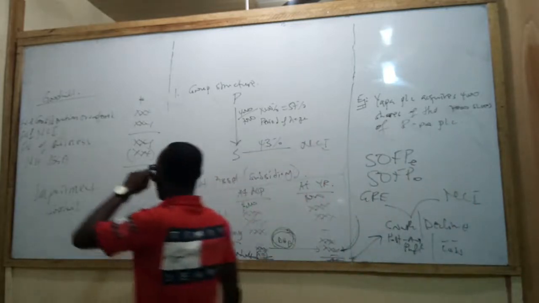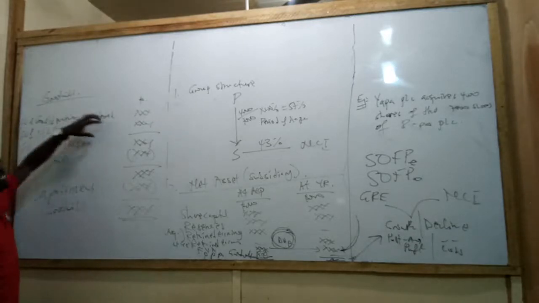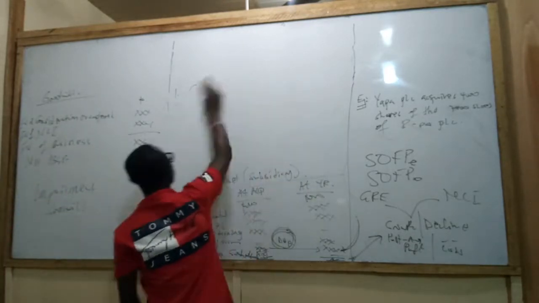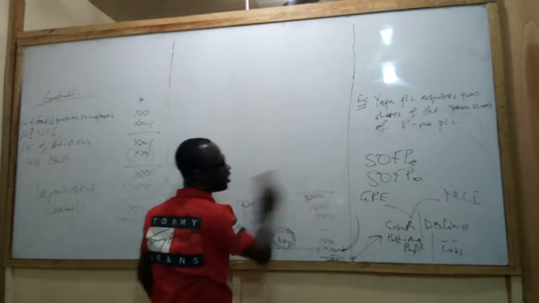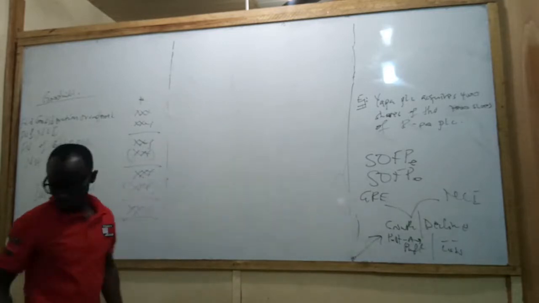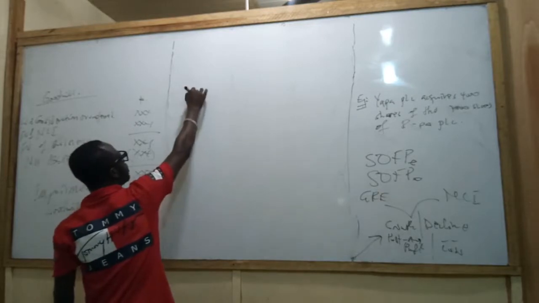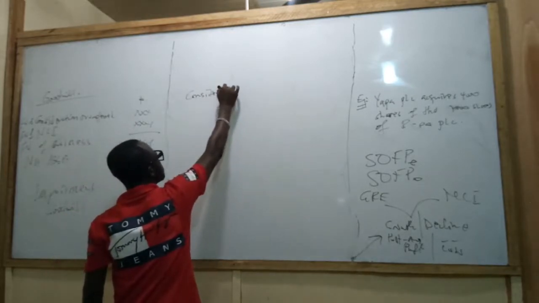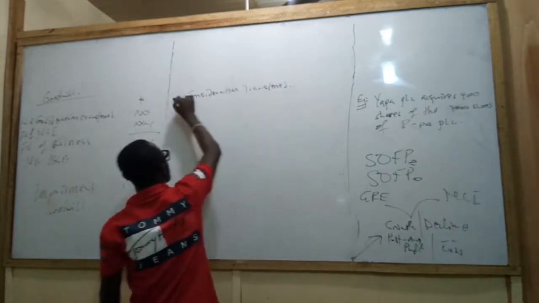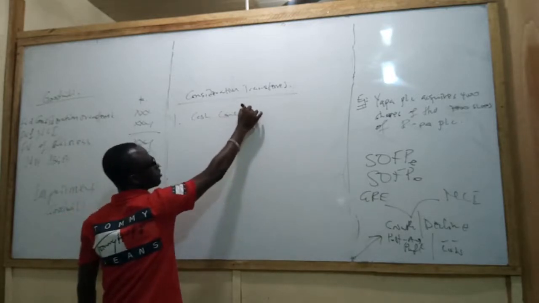But how do we calculate consideration transferred and how do we calculate NCI? So let's look at that. There are three components that could be included in the calculation of fair value of consideration transferred. Three components. One, the first thing is cash consideration.